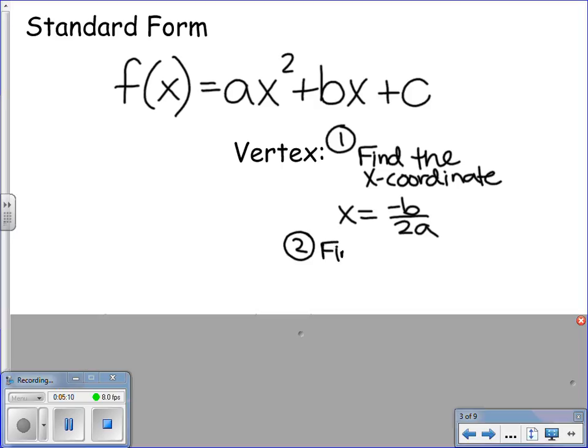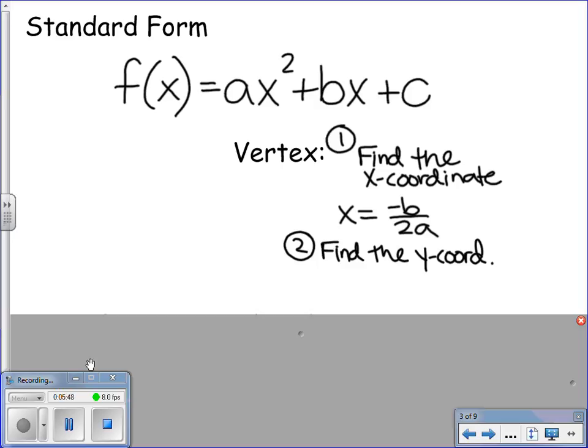Find the y coordinate. When you have a function and you know what x is, how do you normally find y? If I have y equals ax squared plus bx plus c, and I know what x is, how do I get that y? Plug in x.